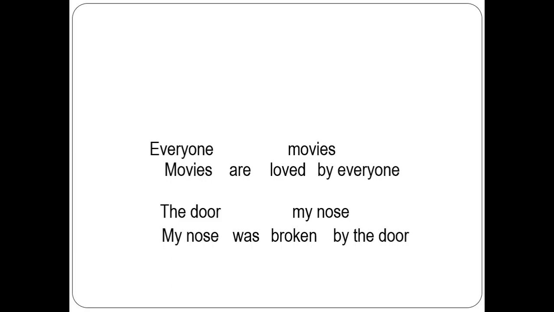So, if you would particularly like to emphasize the object, like my nose, rather than the subject, like the door, then you manifest the importance of the object by moving it to the front of the sentence, and then you move the subject to the back of the sentence, and then the verb changes into the passive. It's always a combination of two verbs.